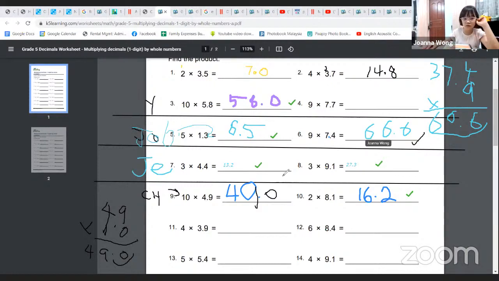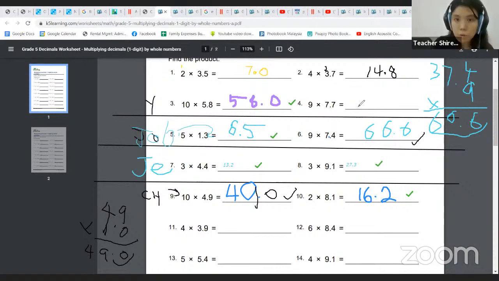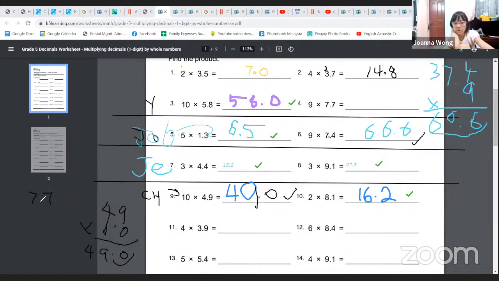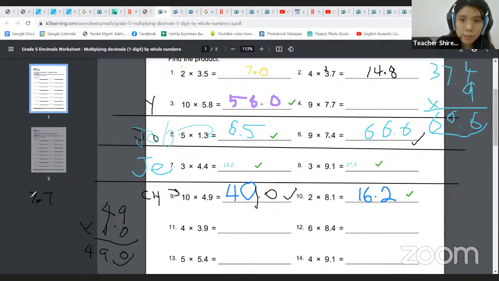Can you do this? Okay. Luna, can you do number 4? Do you need me to help? Everything else is correct, Joanna. Okay, Luna, 7.7 times 9.